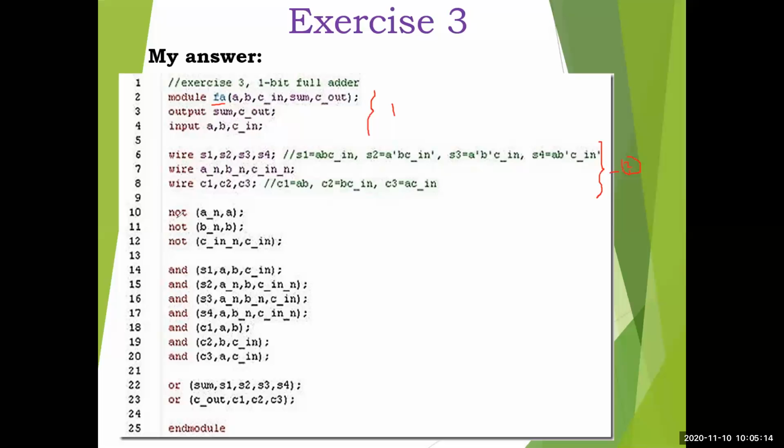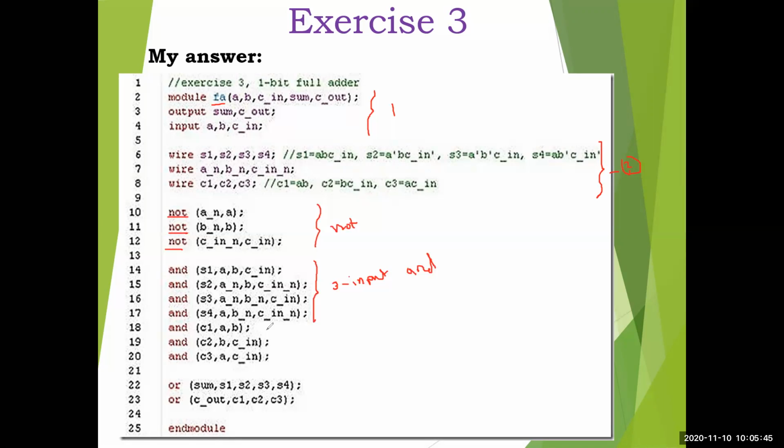Then you call the NOT gates, 3 NOT gates as I mentioned. This is the NOT gate section. Then these first four are the 3 input AND gates.